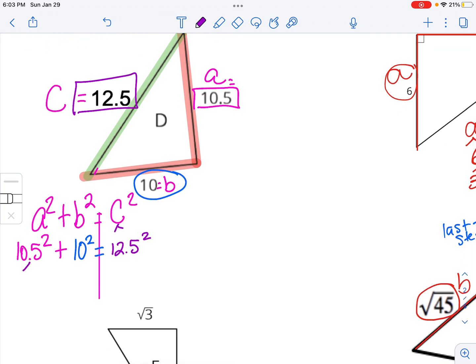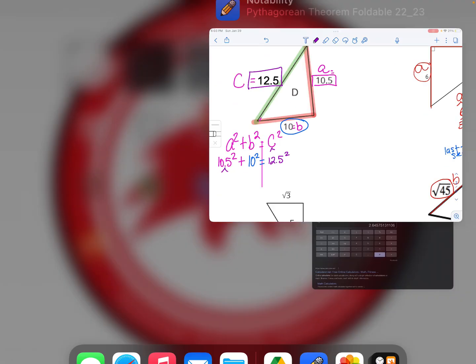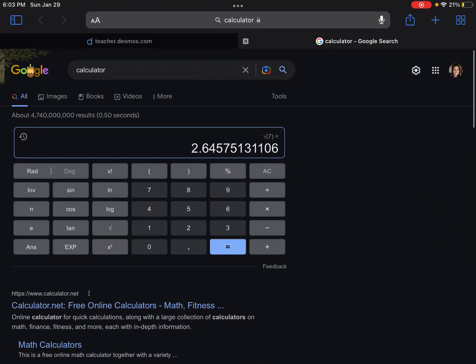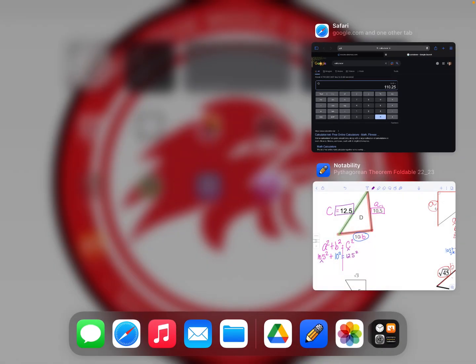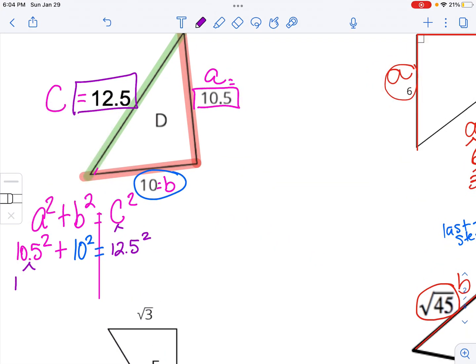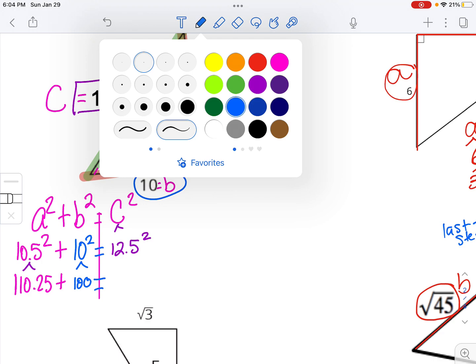Now I need to check what is 10.5 times 10.5, or 10.5 squared, 110.25. 110.25 plus 10 squared, we've already memorized those squares, 10 times 10 is 100. And then 12.5 squared.